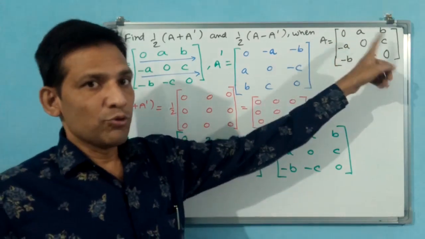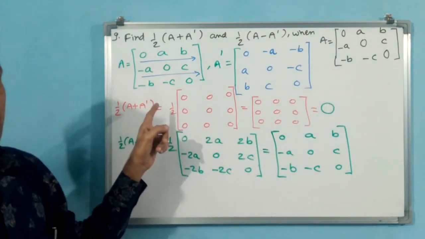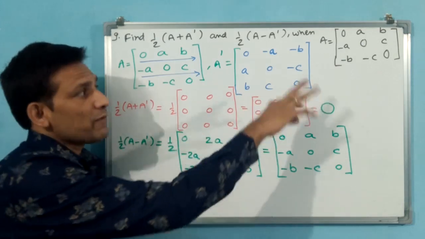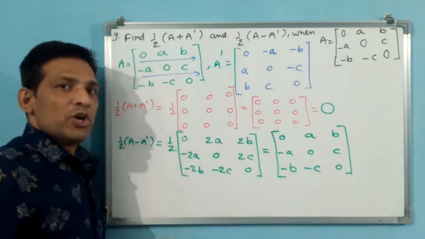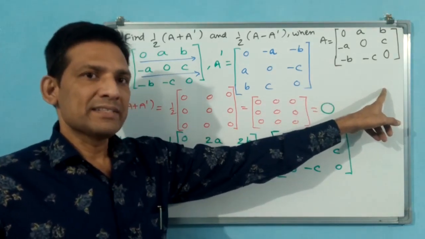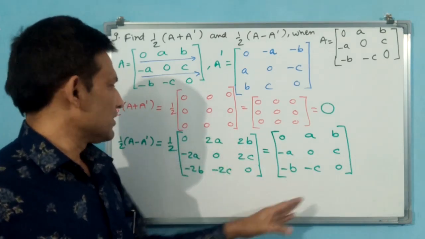If you add transpose of a skew symmetric matrix to the same matrix, then 0 is going to come. If you subtract transpose of a skew symmetric matrix from the original skew symmetric matrix, then double matrix is going to come.